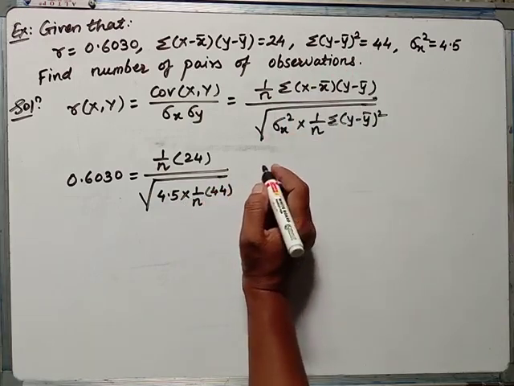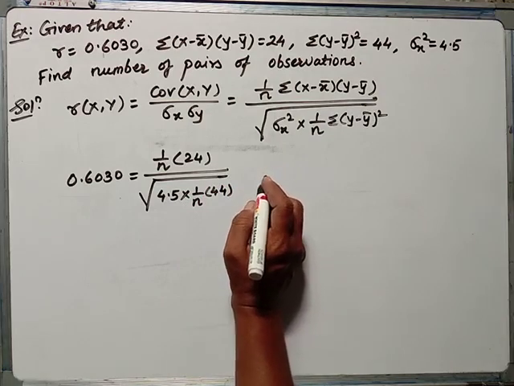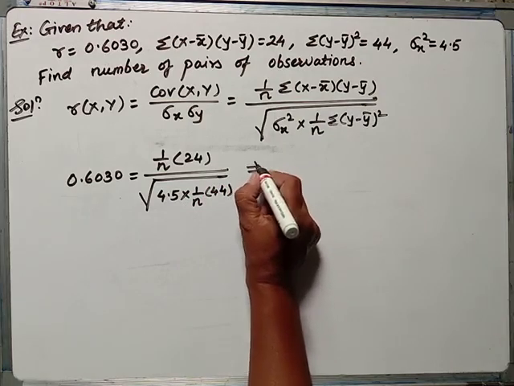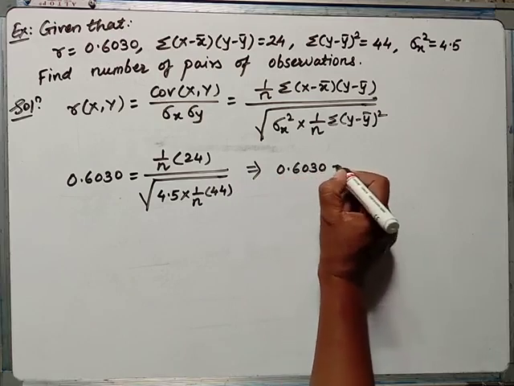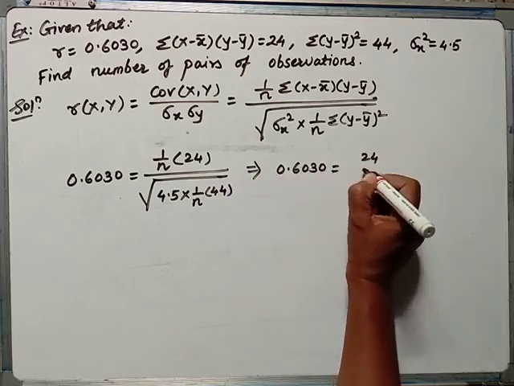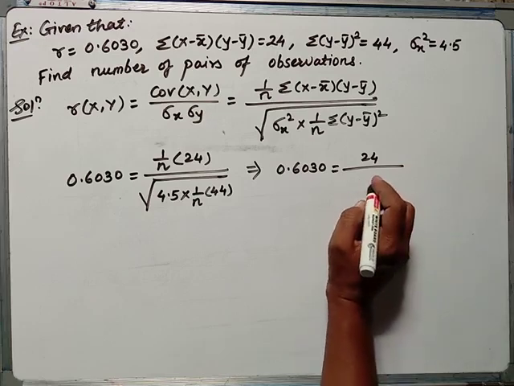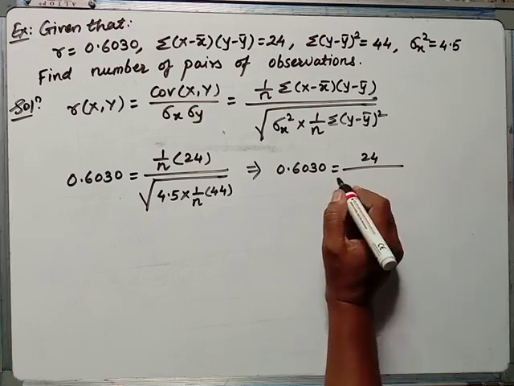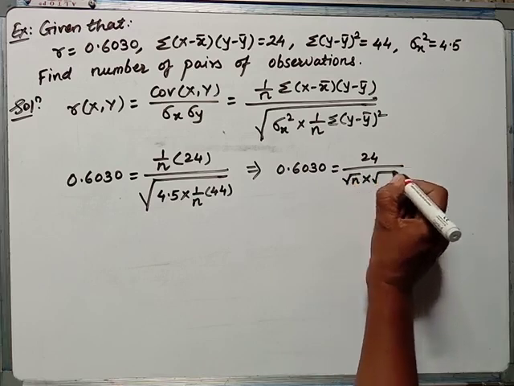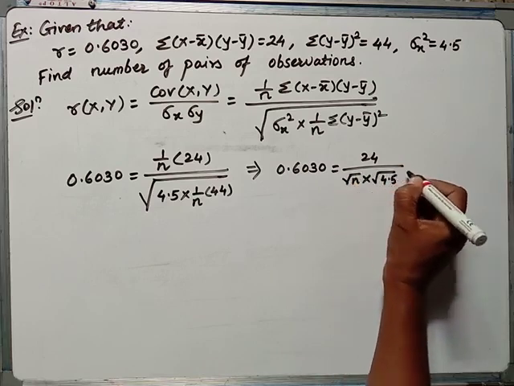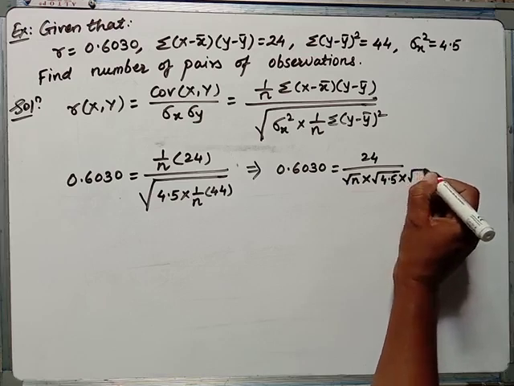So again, just like the previous part, this will become 0.6030 equal to 24 upon square root n into square root 4.5 into square root 44.